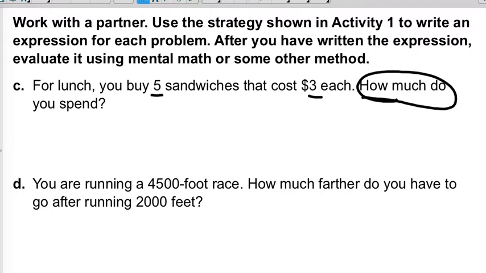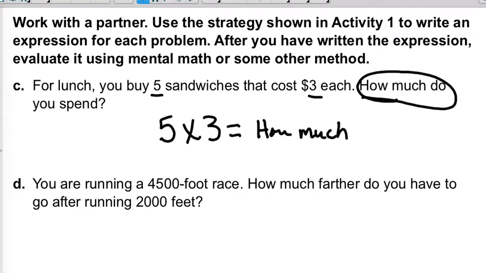What do I do with it, Josie? 5 times 3. X. How much, right? Okay, so how much do I spend? 15. If 15 equals how much, what do I need to add to make sure I've got that dollar symbol in? All right? Is that what you and your partner got?